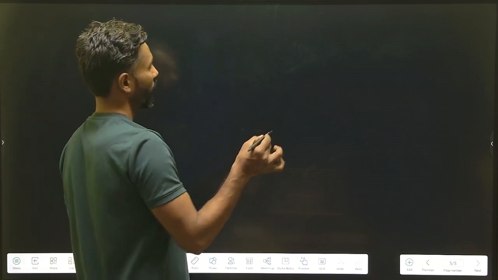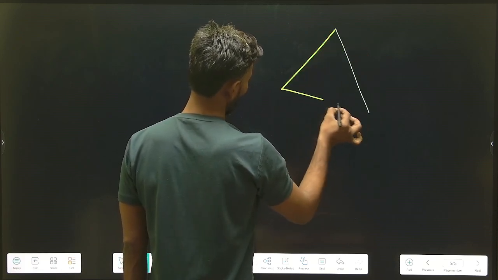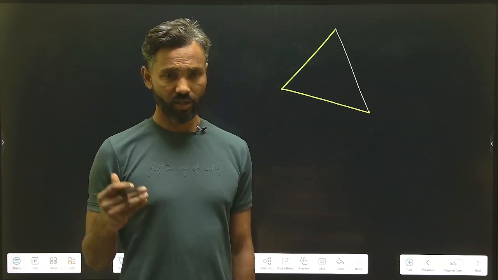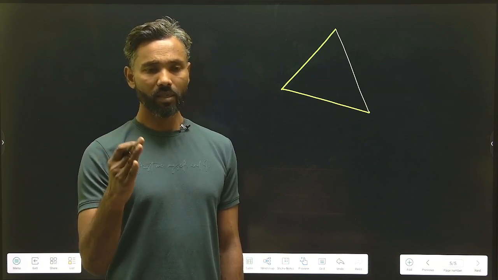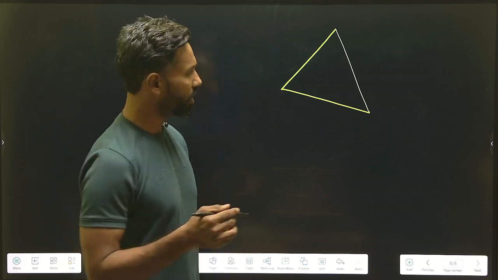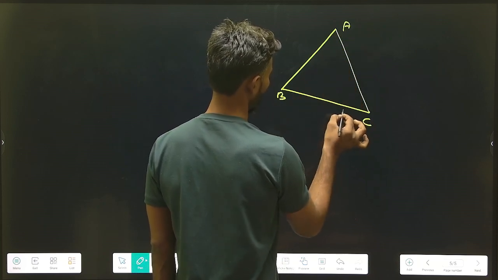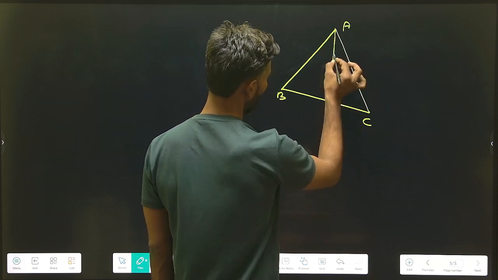We have discussed what the Incentre is. Incentre is the intersection point of all angle bisectors. It means each interior angle bisector is going to pass through the Incentre. Suppose this is triangle ABC, and this is the Incentre, and this is angle bisector AD.